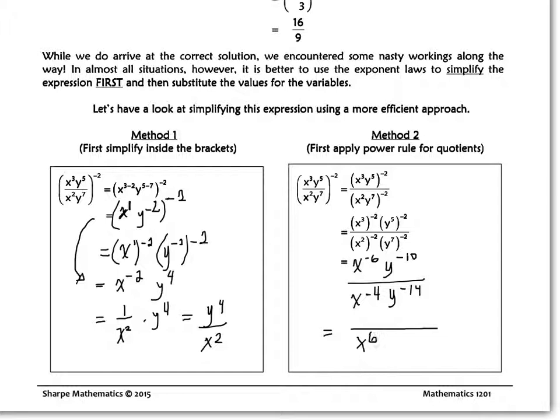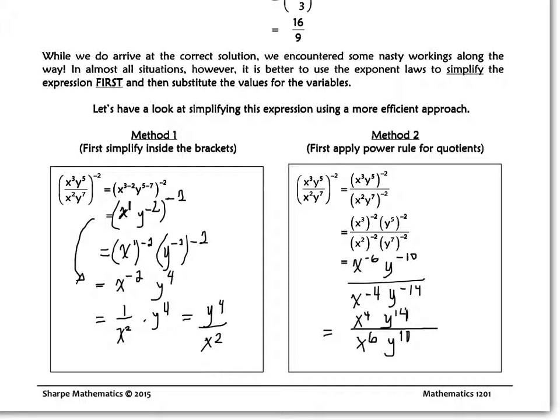For example, x to the negative 6 is in the top, so that would come down to the bottom as x to the positive 6. And similarly, y to the negative 10 would come down below as y to the positive 10. And then the x to the negative 4 will come up to the top as x to the positive 4, and the y to the negative 14 would come up to the top as y to the positive 14.